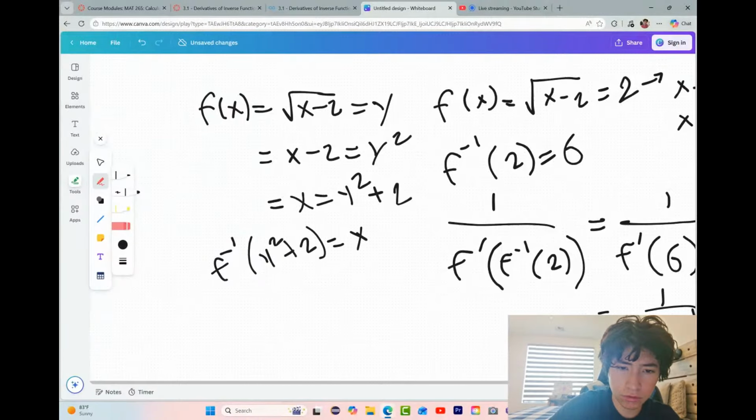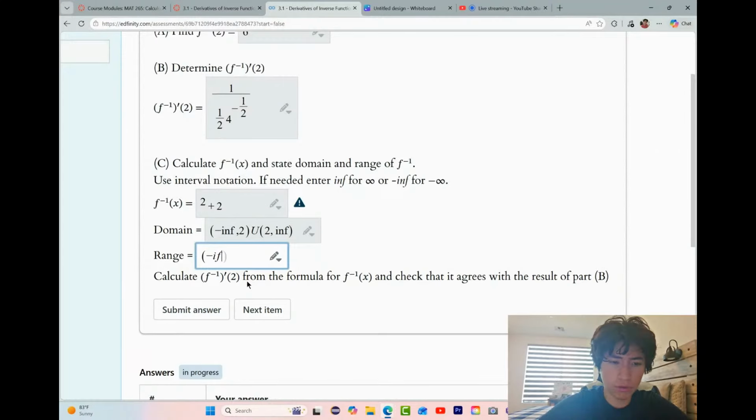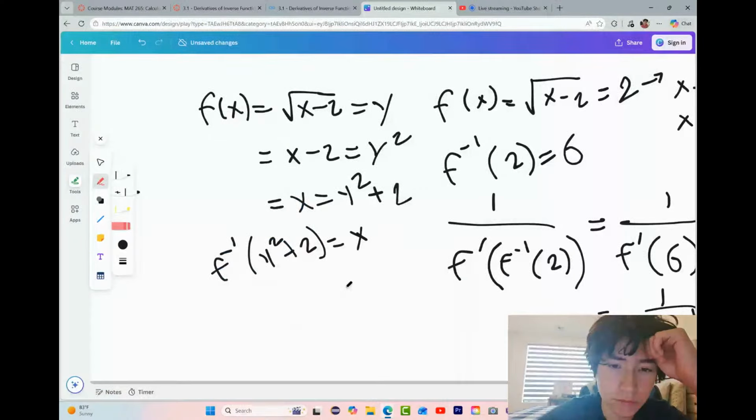I think that's what we get. So our range, I think that's going to be negative infinity to infinity, right? Unless I'm missing anything. I think we're good. Oh wait, whoops, no, sorry, this is wrong.